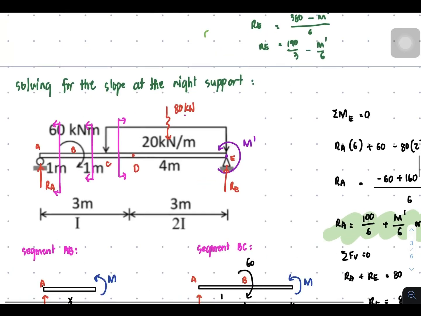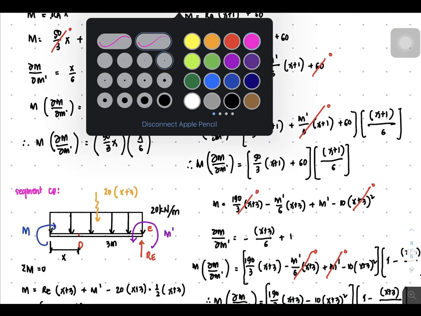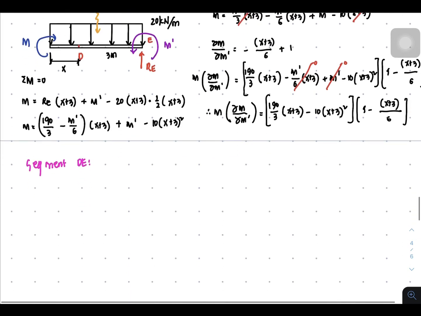DE. For segment DE, all we have to do is cut this portion and consider the right side. And let's draw now the cutting. So I'll just cut now the portion.